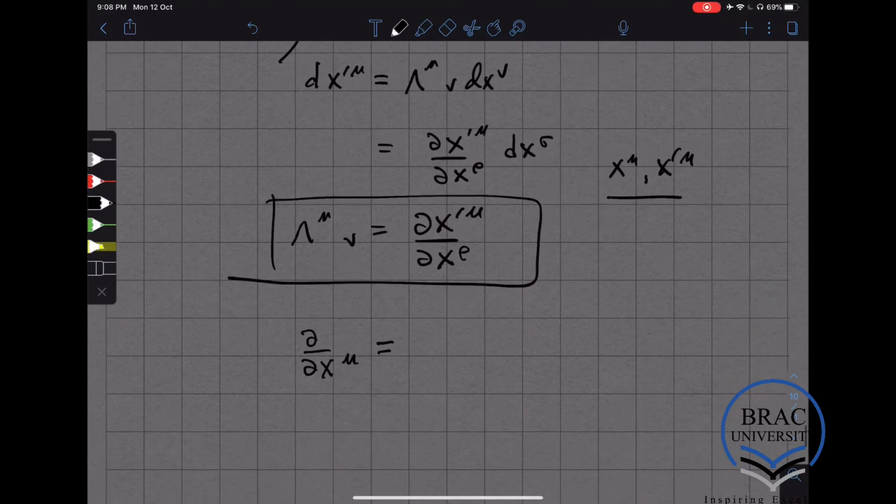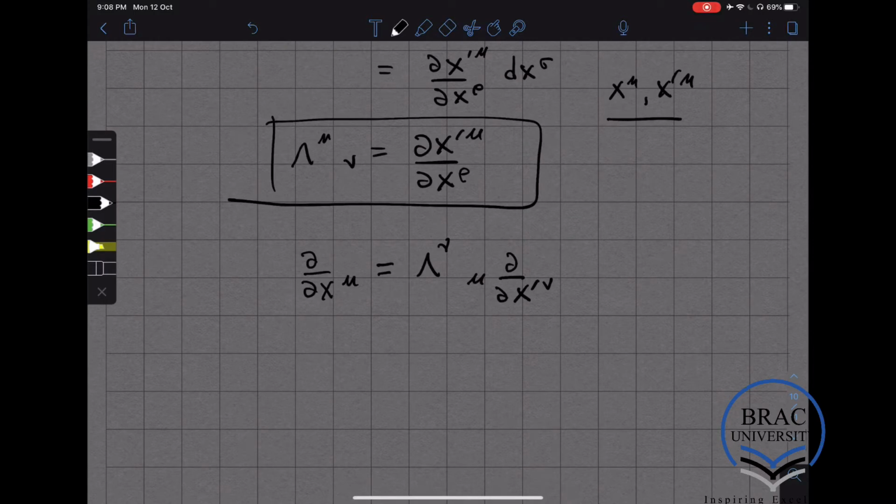So we can now use this in here, and we write that d by dx of mu is equal to lambda of mu nu d by dx prime of nu. So now we can introduce a notation where we have del downstairs mu as d by dx upstairs mu.